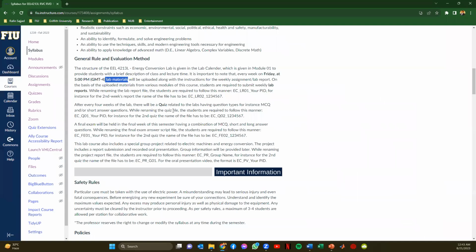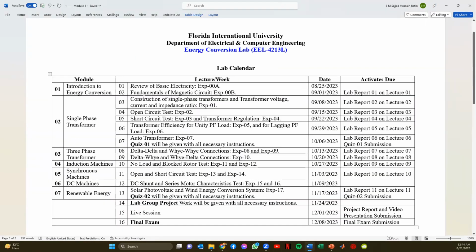And whenever you upload anything, please remember, if it is a lab report, then this should be the format. EC stands for energy conversion, LR stands for lab report, and 02 stands for which number you're submitting. Say for example, this is lab report 1, then you will say LR01.